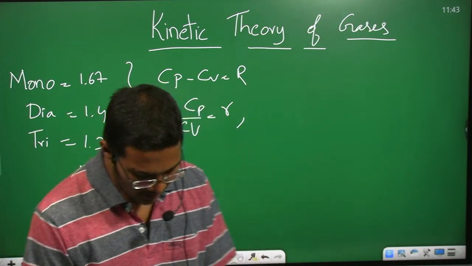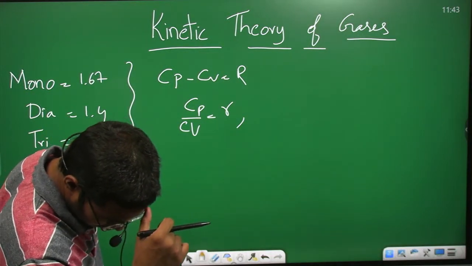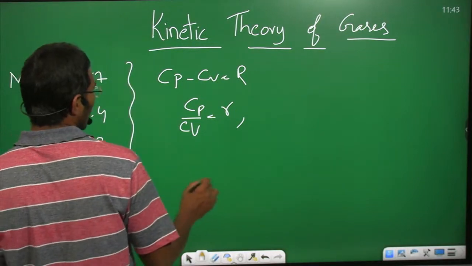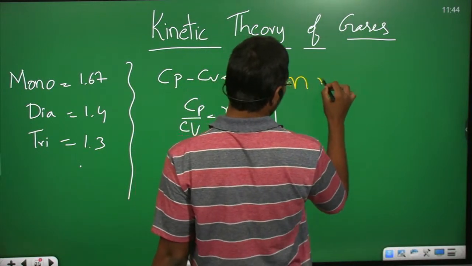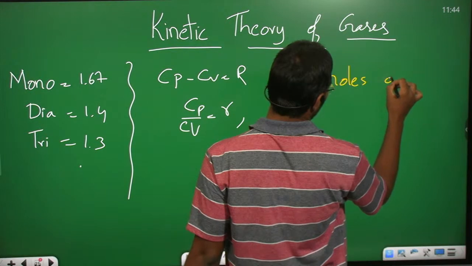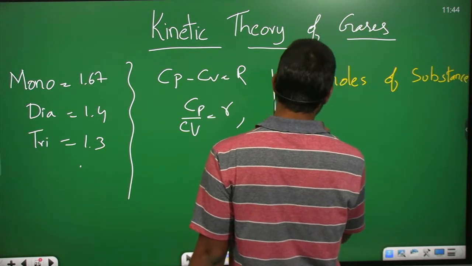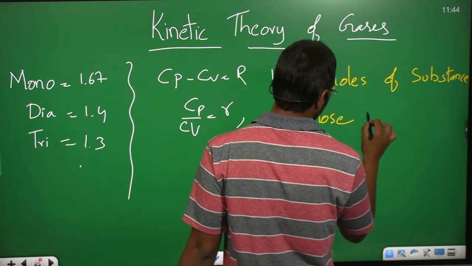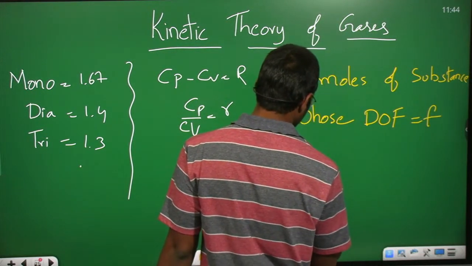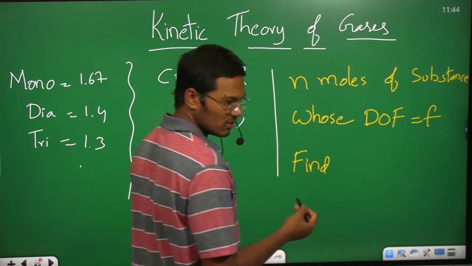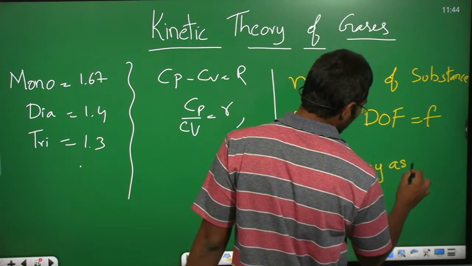Yeah, recently in EAMCET we got this question: there are n moles of a substance whose degree of freedom is F. Find the energy associated with it. On July 7th we got this question.